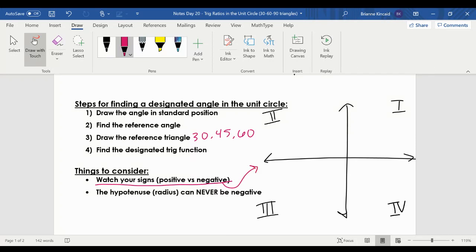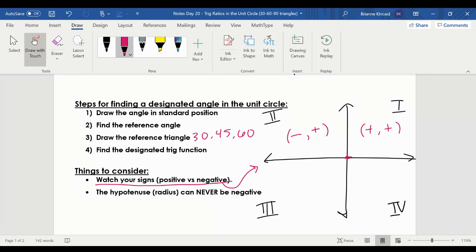Remember, if you're in the first quadrant, that means from the origin being 0, 0, you are moving right and up to plot any point in here. Right and up are both positive directions. In the second quadrant, you are moving left and up. Left is a negative direction, so all your x values are negative. All your y values are going to be positive.